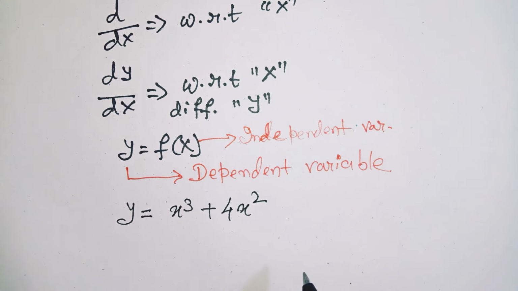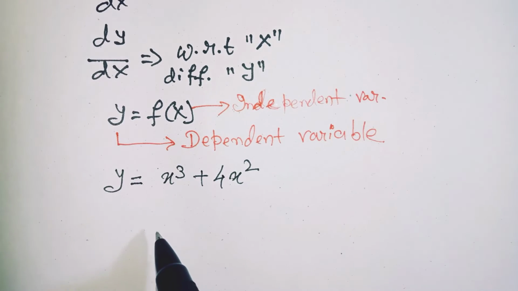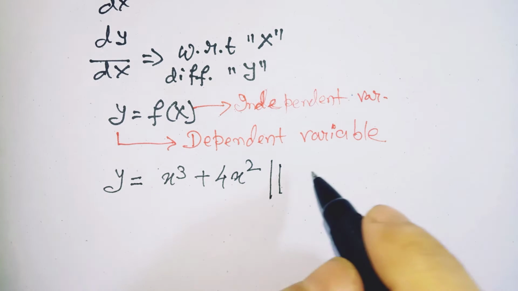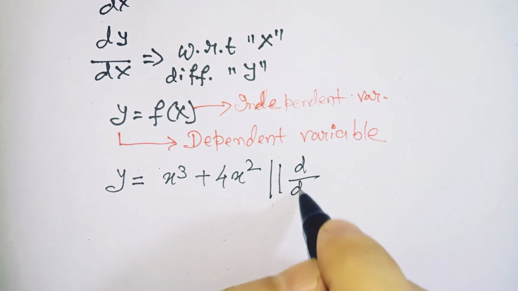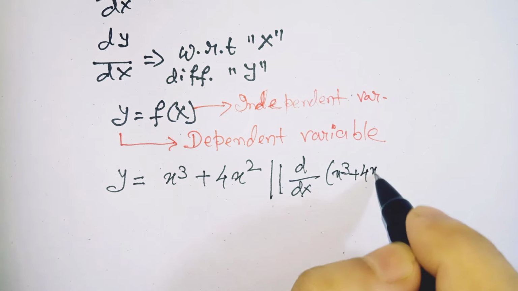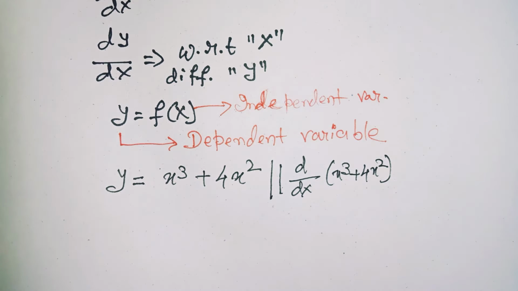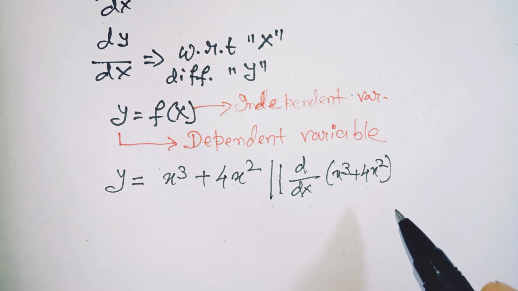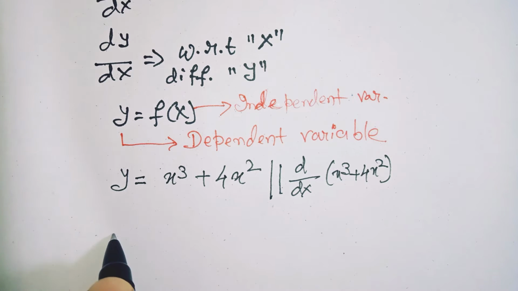Sometimes we also see d by dx of x cube plus 4x squared, and we also see dy by dx. So d by dx, I will just write it here.